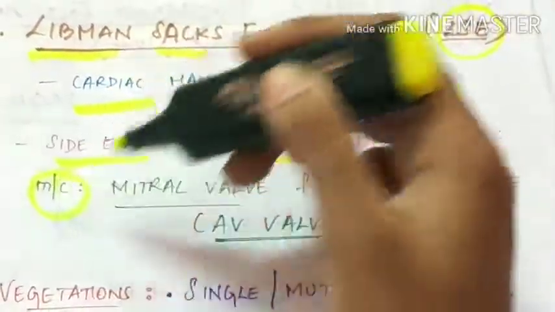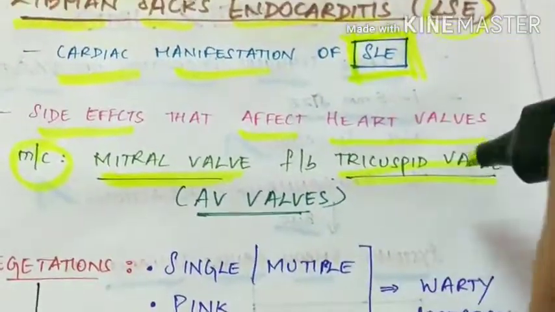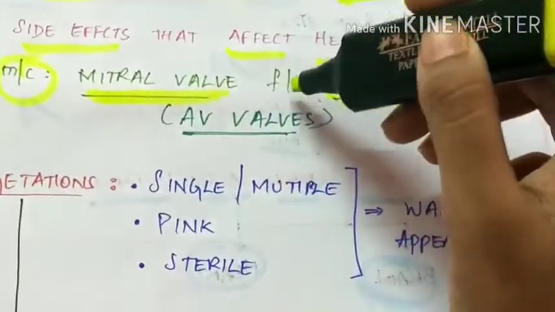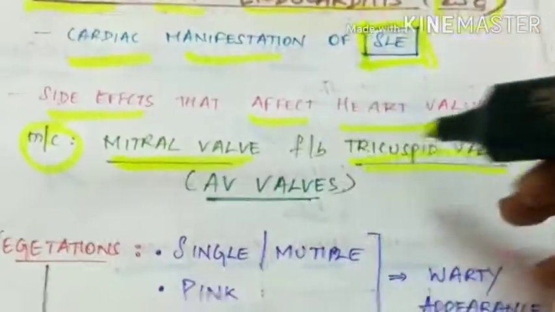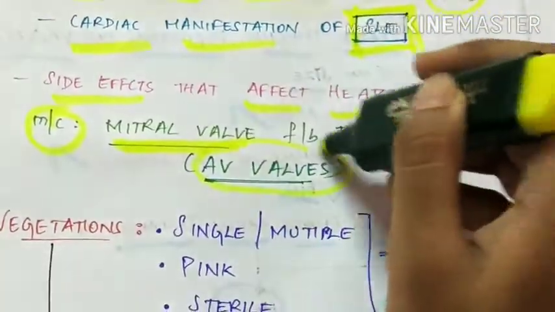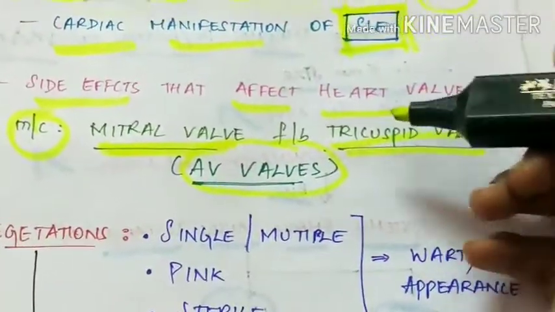The most commonly affected valve is the mitral valve, followed by the tricuspid valve. In all the other vegetations, mitral valve followed by aortic valve is affected, but here mitral valve is followed by tricuspid valve involvement. So this involves the atrioventricular valves, both mitral and tricuspid.